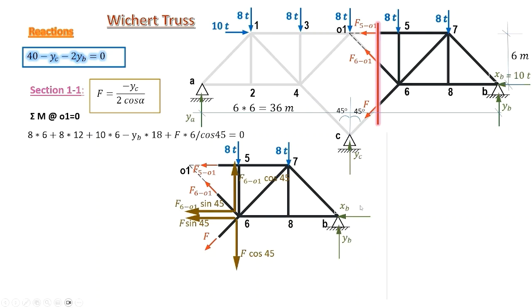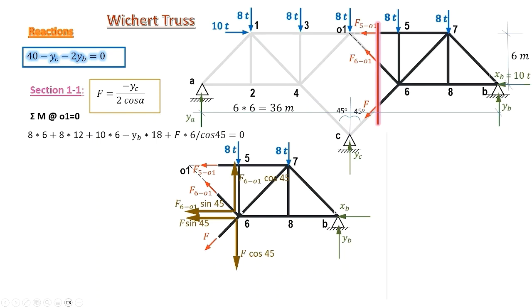The 10 tons XB rotating in the same sense about O1 and multiplied by the vertical arm until we reach O1 equals 6 meters also, minus YB rotating in an opposite sense around O1, and the arm between B and O1 is the horizontal projection between B and O1 equals 18 meters.